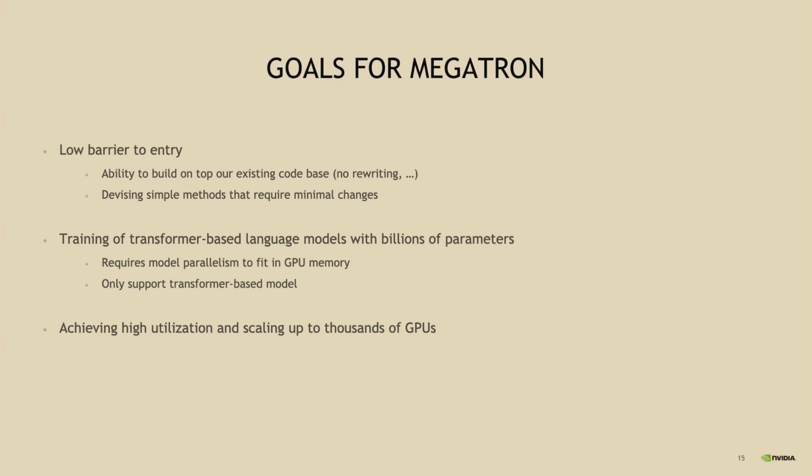Our goal was to target transformer-based language models at billions of parameters. We did not aim to build a generic framework that supports all sorts of parallelism and all sorts of networks. Also, being part of NVIDIA, it is important for us to achieve high utilization at a large number of GPUs and make sure that the resources are used efficiently.